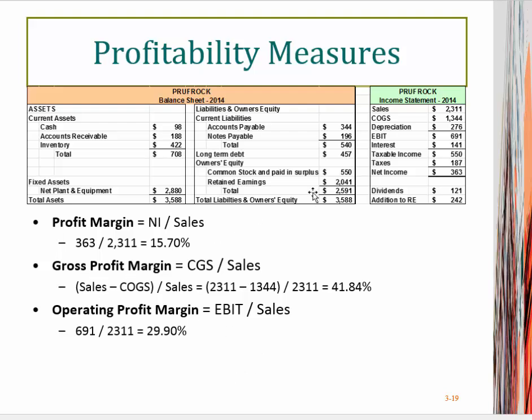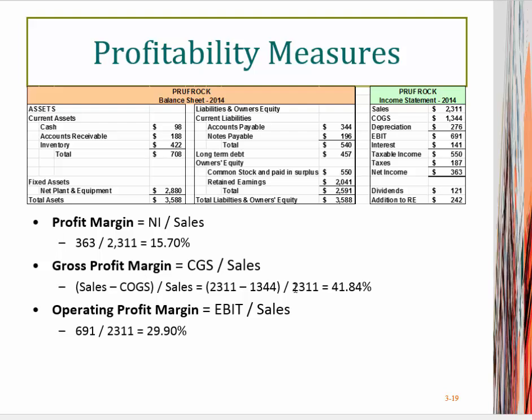The gross profit margin is gross profit, which is sales minus cost of goods sold, divided by sales. So we end up with 41.84%. Gross profit margin illustrates how well management is controlling the expenses and the costs of production.